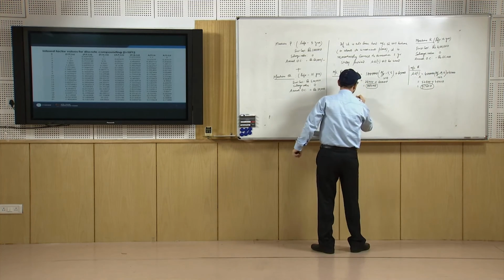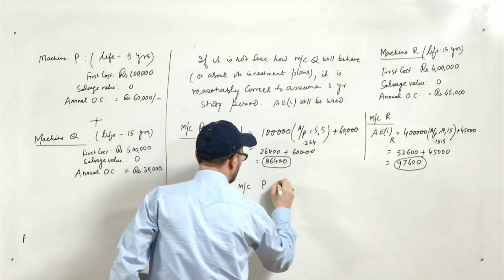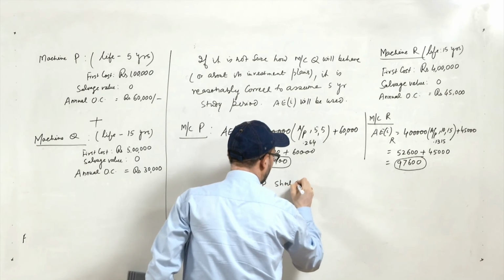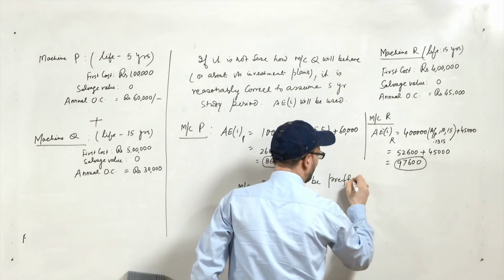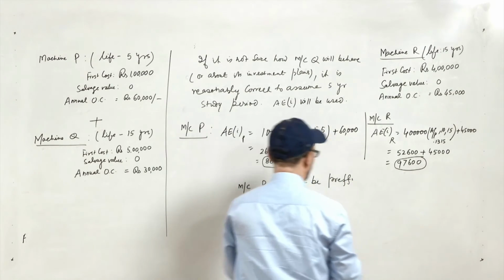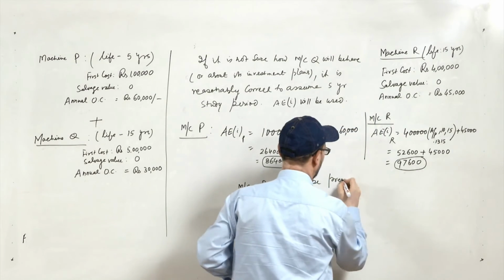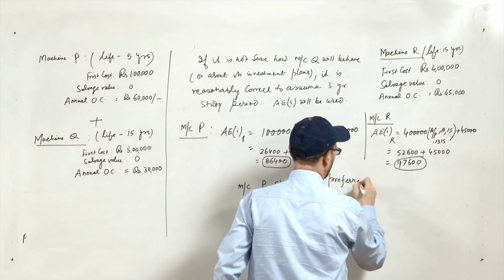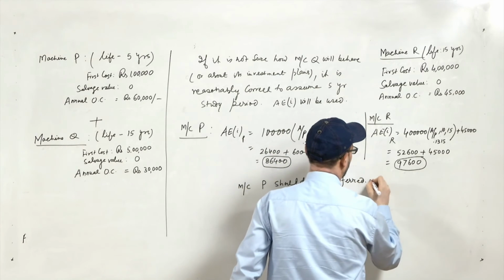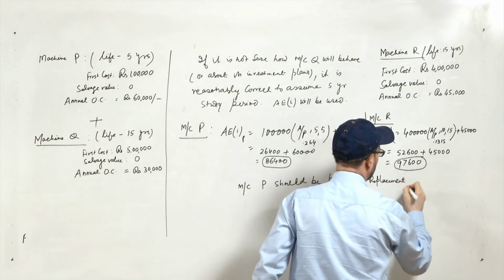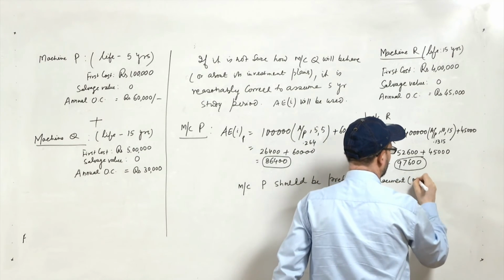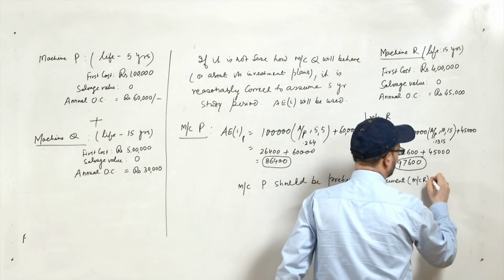So, machine P should be preferred. Replacement by machine R is not suggested.